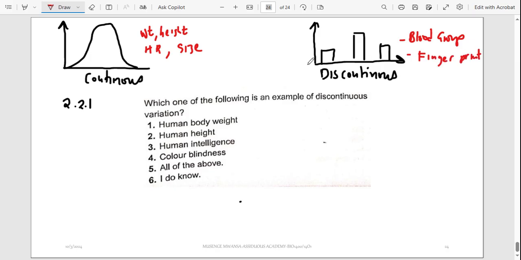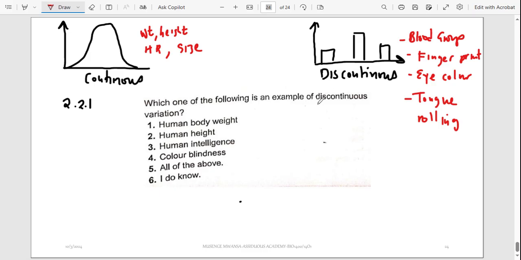That's why the graph cannot be like the continuous one. Also, eye color. Either you have brown or blue. You can't have brown and blue at the same time. Also, tongue rolling. You can try to fold your tongue as though you are taking it towards the throat. Not everyone can do that. Only some people can roll their tongue.